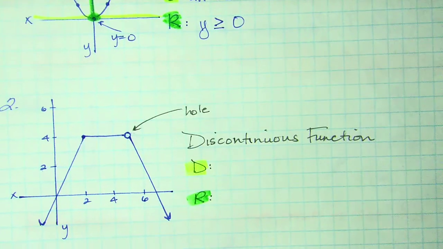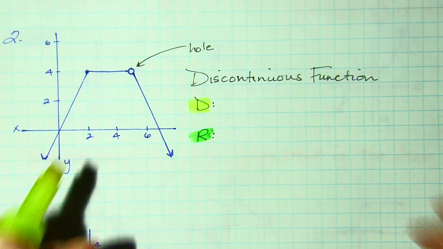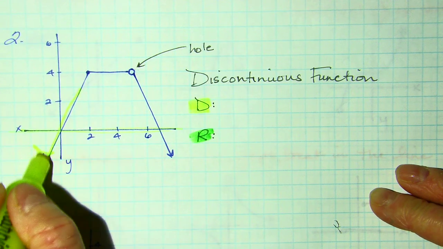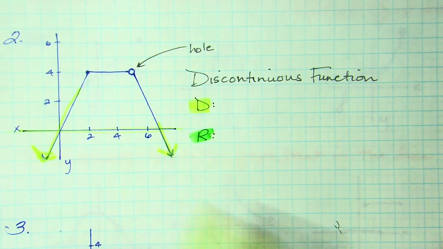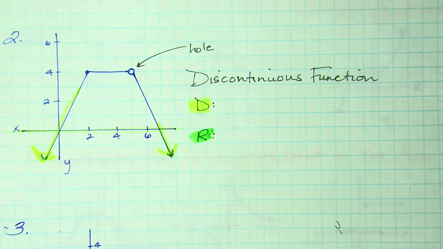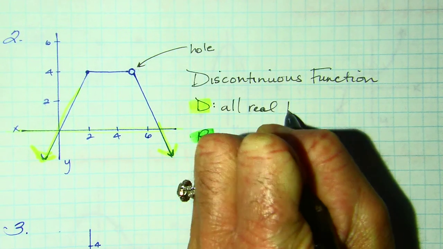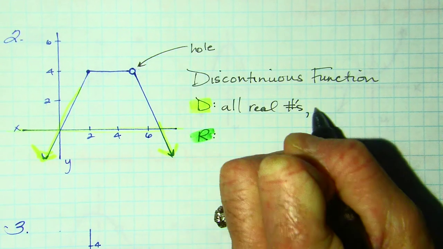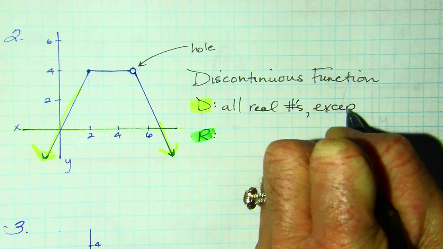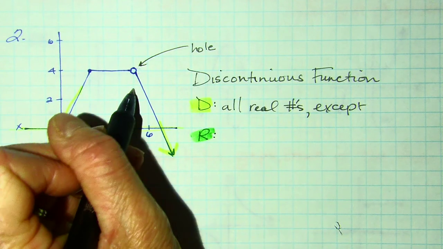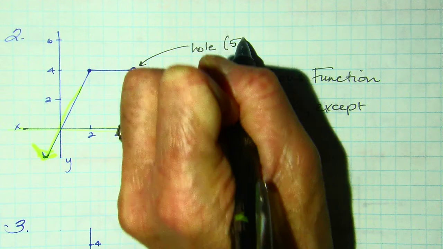All right, so let's talk about domain. So if I look at my x-axis, again, my graph is pointing to the left and pointing to the right. Those arrows mean that they're going to go on forever. So I would say that my domain, again, is all real numbers, except where that hole is. That hole, the x value is 5. And so here, let me rewrite this.